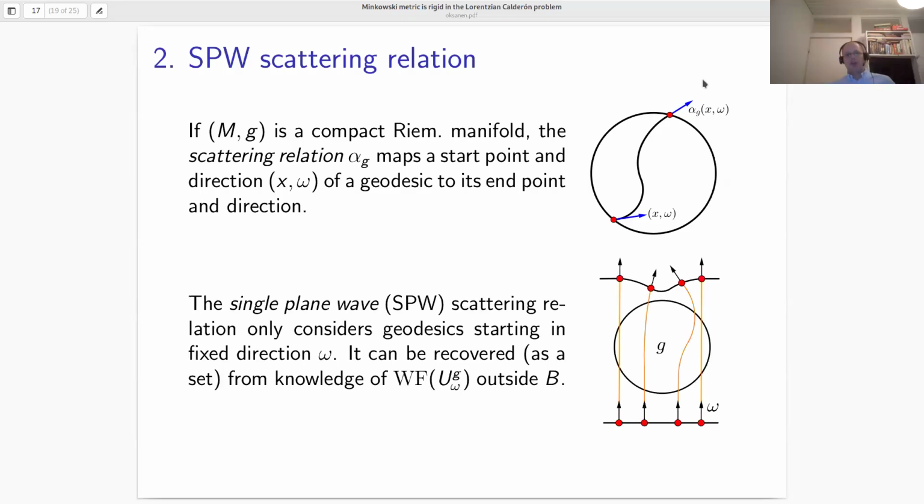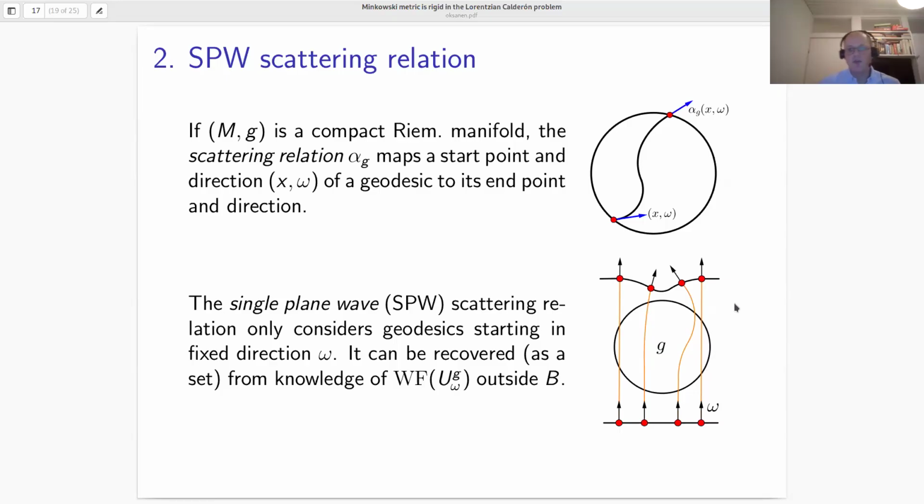Now the single plane wave scattering relation is a bit like that, but now we take a plane here and shoot geodesics that are normal to the plane through the region, and then when they exit on the other side of the region, we record the points and directions.